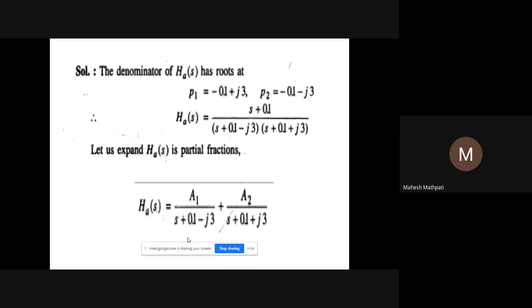Then we are substituting those values. We will write it as H of S equals S plus 0.1 divided by S plus 0.1 minus J3 and S plus 0.1 plus J3. Further is just our partial fraction expansion method.